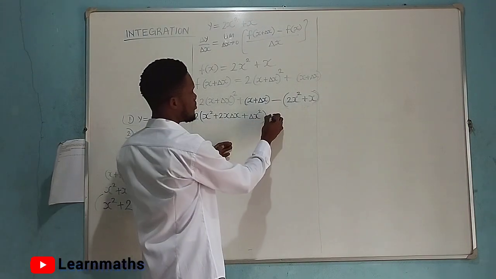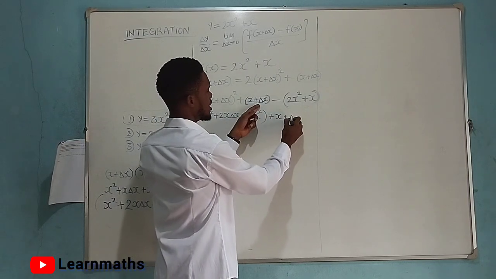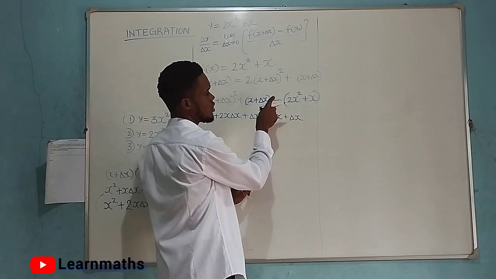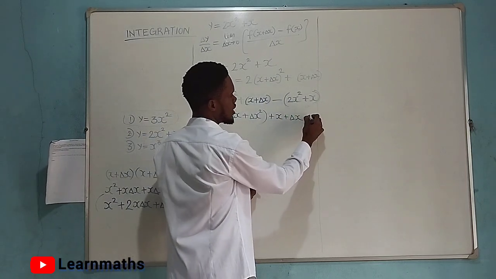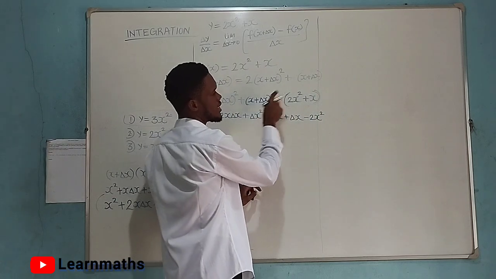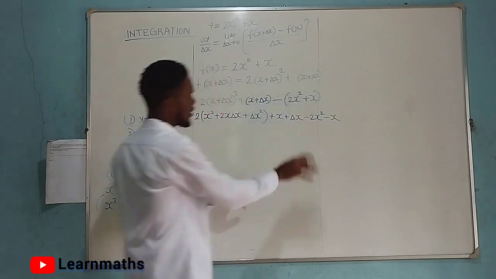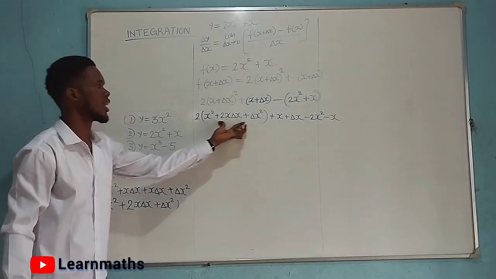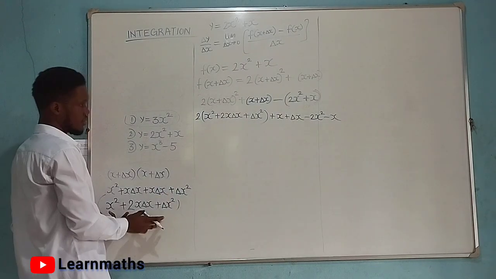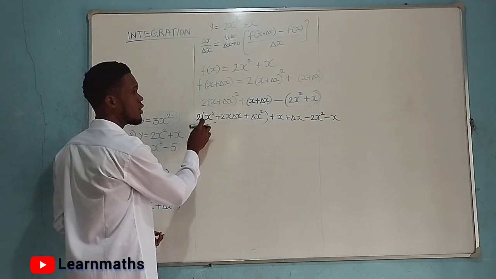So we're going to have plus x plus change in x. And I'm going to also open this bracket with this negative sign. So this will be negative 2x squared, and this is also going to be negative x. There is one more bracket to open, this one with 2.